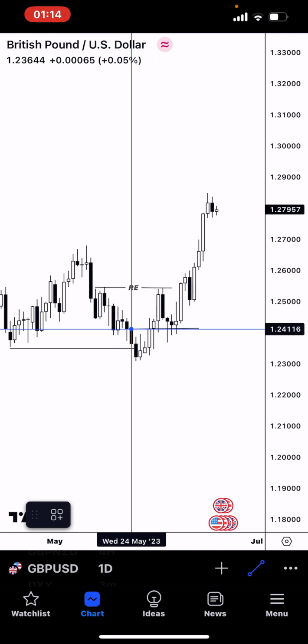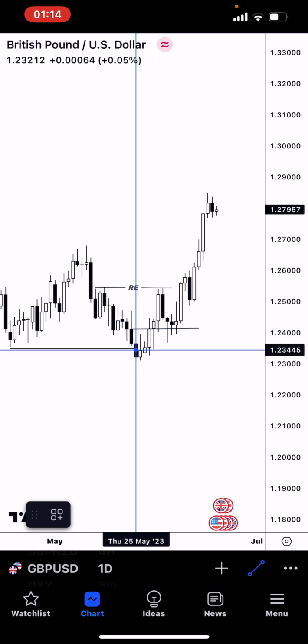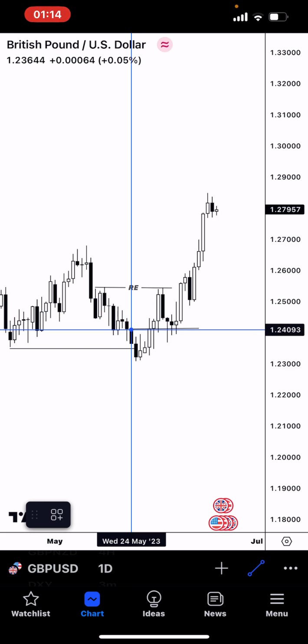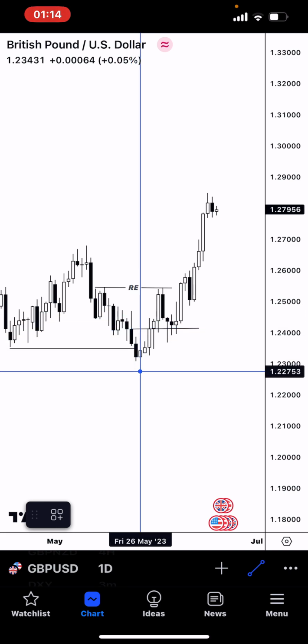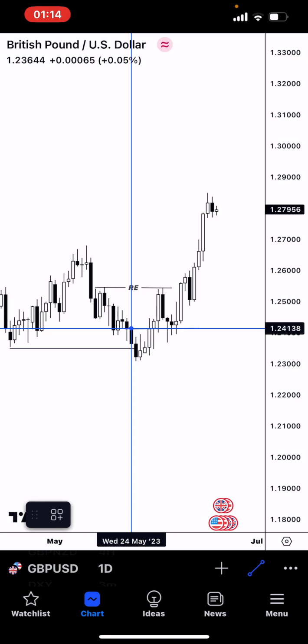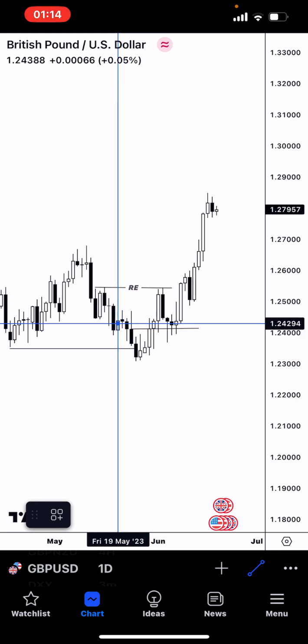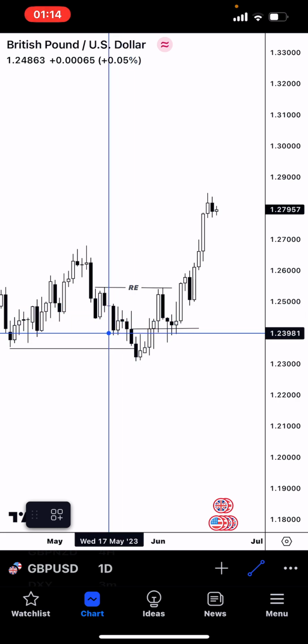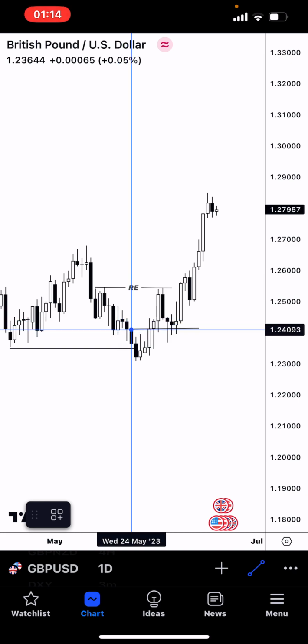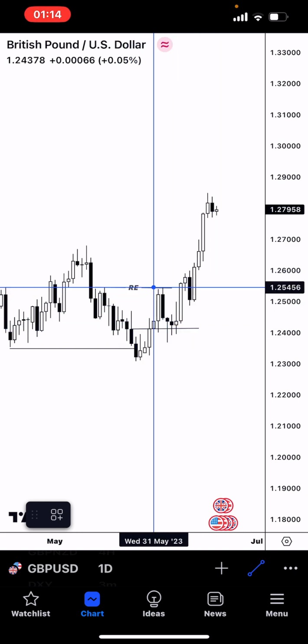So at this level, or at this high, and this open price, and then the low, if we have any open price of the day or the Sunday open price, I don't think the Sunday open price is here, but you find it around here, then I project it forward and then I place my trades off of that.